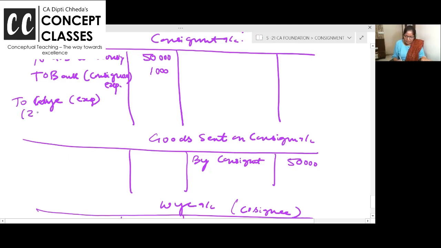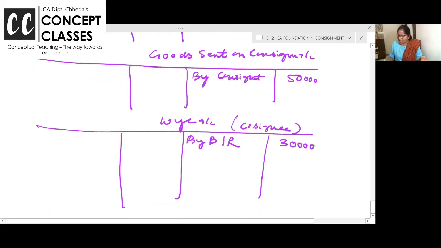Write down expense. 2,000 freight, non-recurring. 500 godown rent, recurring. 300 insurance. So 2,800. Ma'am, you said take only non-recurring expense in stock valuation. But the total expense incurred by consignee, I have to reimburse him, by consignment, bracket expense.